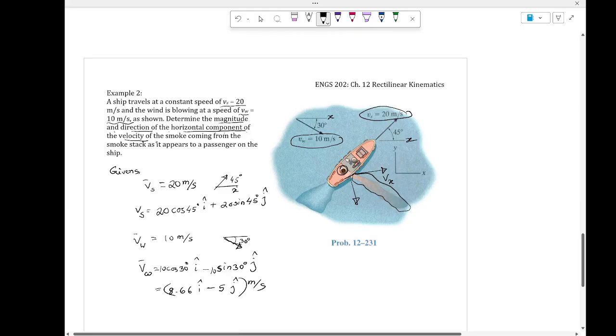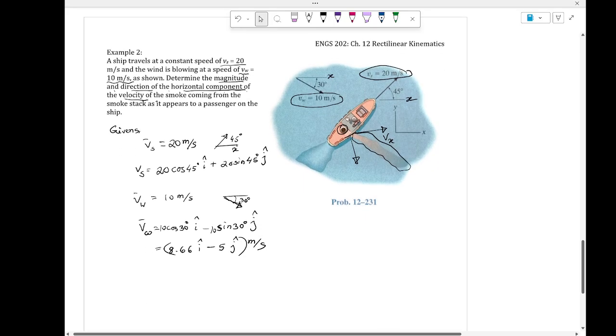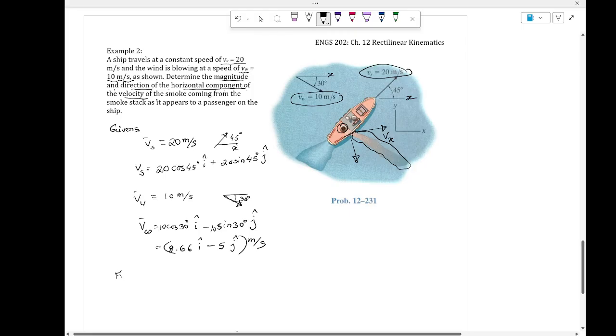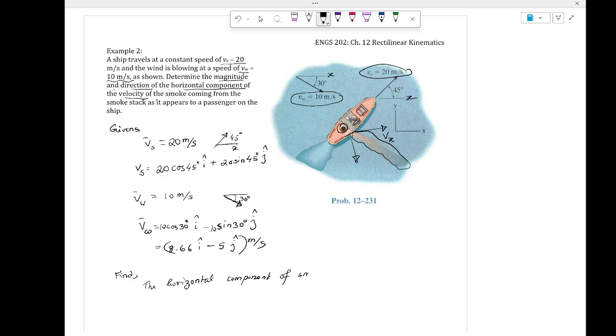So you're going to find the horizontal component. So let's start with the find. We're trying to find the horizontal component of smoke from the perspective of the passenger.